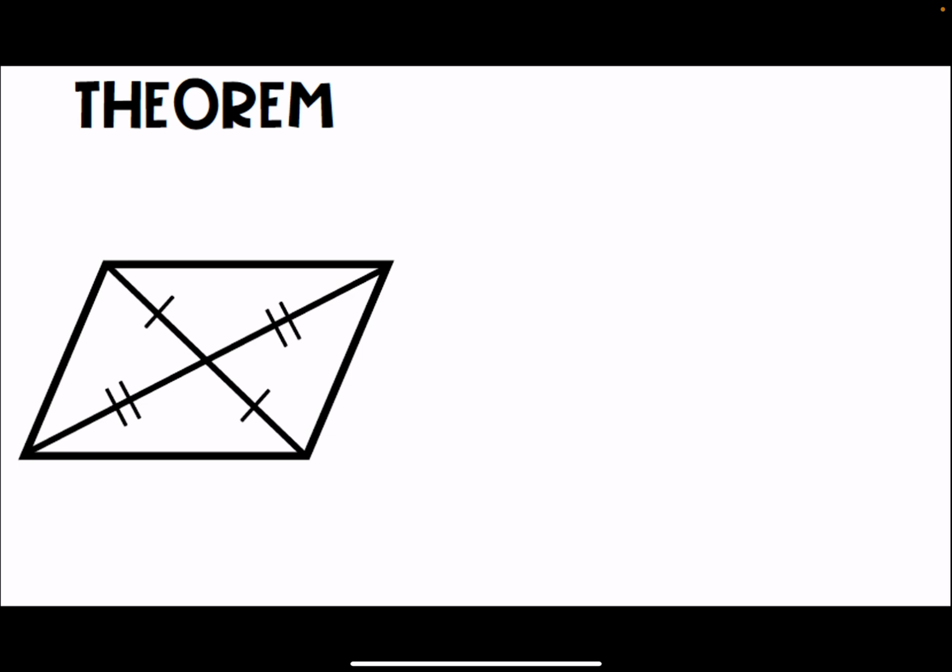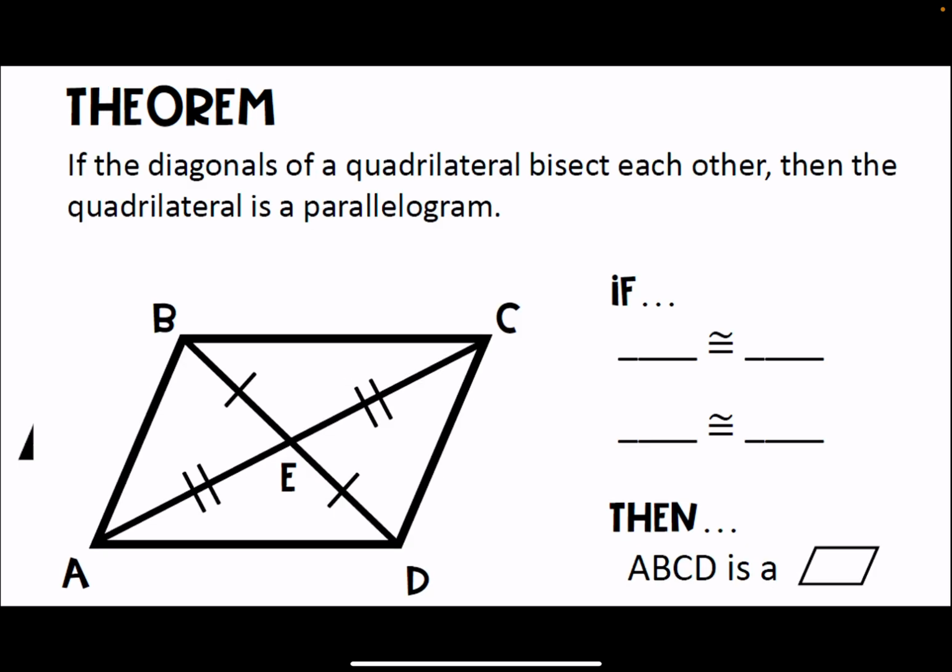All right, let's go to the next one. So this states that if the diagonals of a quadrilateral bisect each other, remember that means split evenly into 2, then the quadrilateral is a parallelogram.